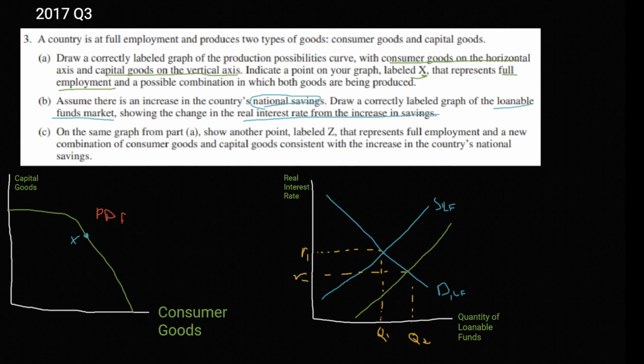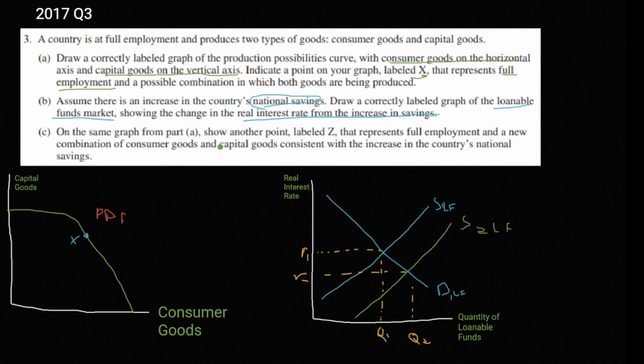Then I'm going to label this supply 2 for loanable funds. And the reason it shifted from left to right again is because we have an increase in savings. The supply curve is like the national savings, and so an increase in savings is an increase in the supply curve. We shift it rightward.